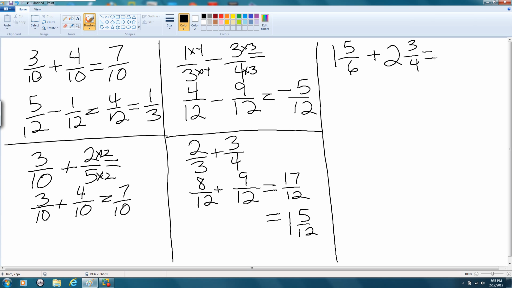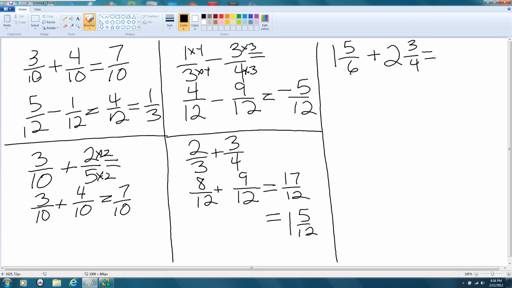There's a couple ways to do this. Your book says, well, you can convert them all to improper fractions and then add. We can do that, and so let's do that as one method, although it's not my favorite method.